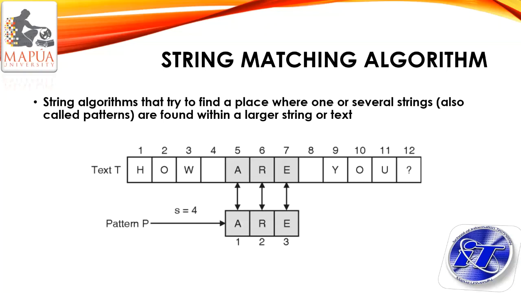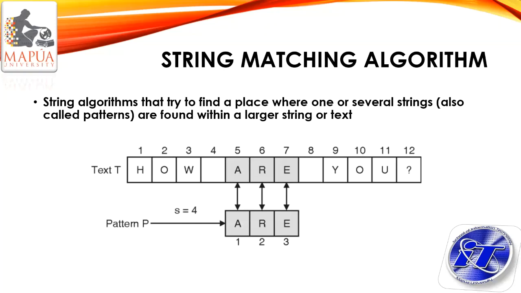Again, naive string matching, wherein we're going to compare first the first letter of the pattern to the letter of the text T. So compare A with the H. If it's not the same, we're going to go to the next element in text T, compare with A. As long as they are not the same, we're going to proceed to the next element in text T. So on the fifth element, we have A. So A is equal to A.